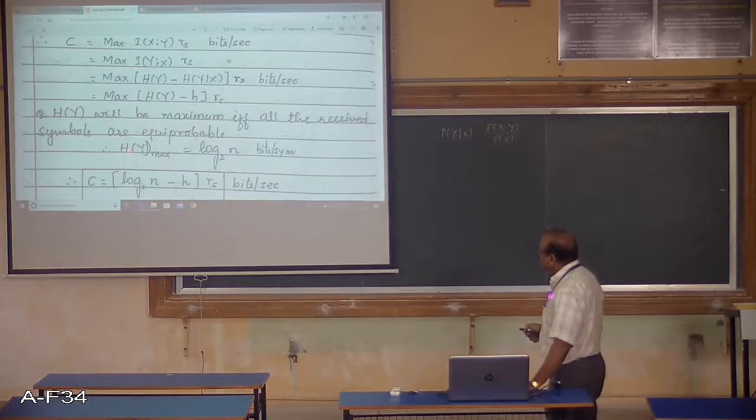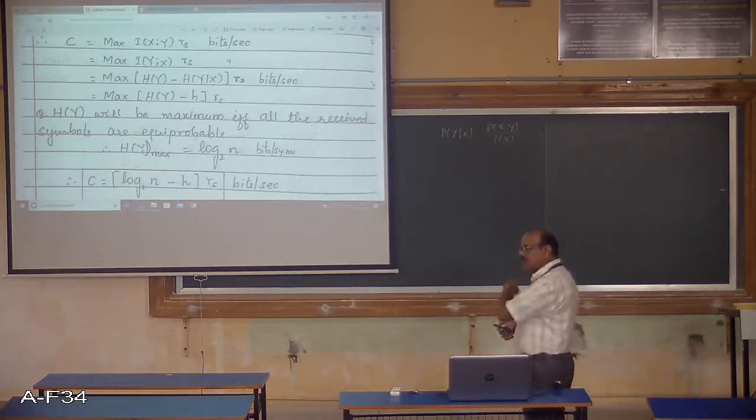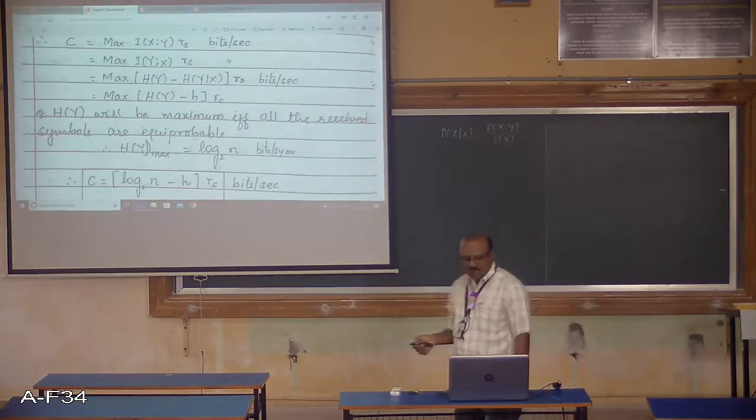We have studied the extremal property, wherein entropy is maximum when all the symbols are equiprobable, and that value is equal to log n to the base 2, the log of the total number of symbols. So channel capacity of a uniform channel is given by this maximum value minus that h value. The h value is the entropy of one particular row, multiplied by the symbol rate, which gives us the channel capacity.